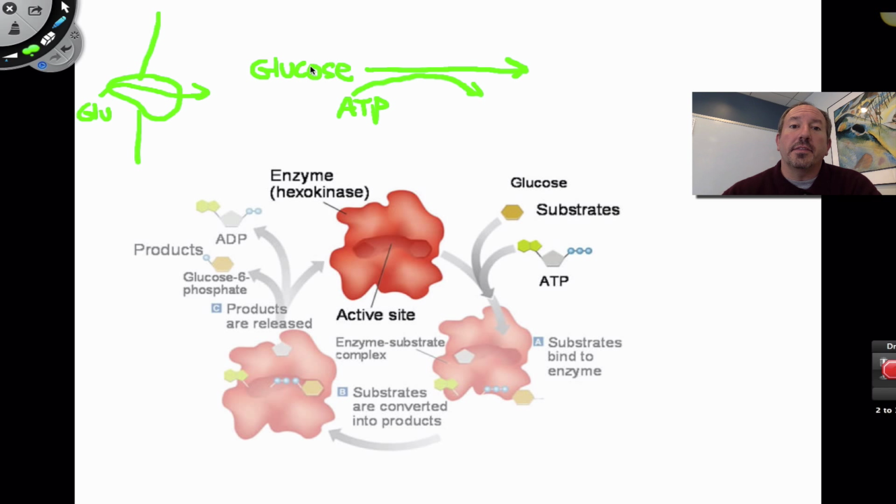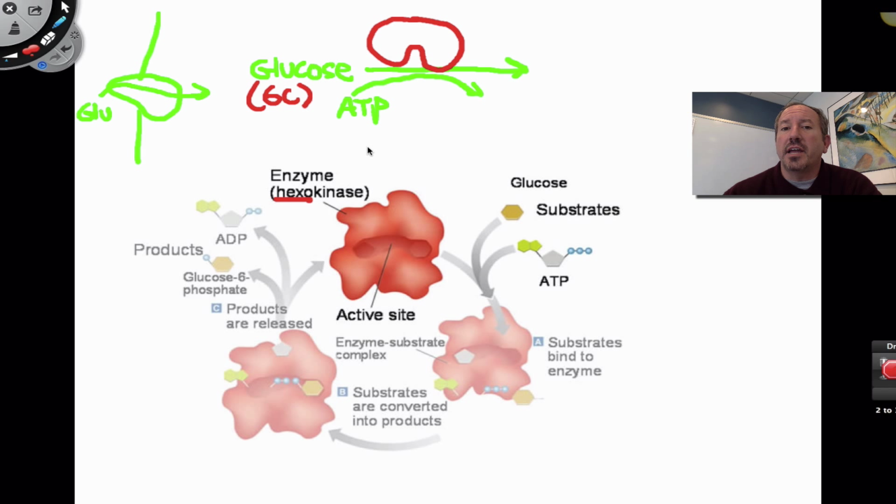And what's happening in the chemical reaction is this enzyme right here, I'll show it in red. I'll just put it above here like this. This enzyme called hexo, because glucose is a 6-carbon sugar. So hexokinase.